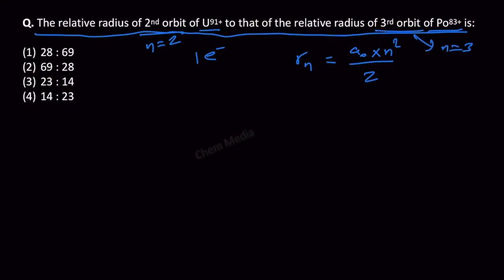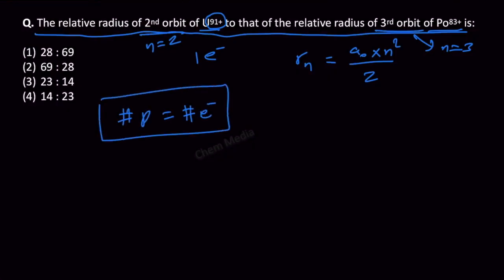the atomic number. Even if you don't remember the atomic number of uranium as well as polonium, you can calculate it based on the charge given. Remember, in a neutral element, the number of protons must be equal to the number of electrons. So when we put 91+ as the charge, it means we removed 91 electrons.